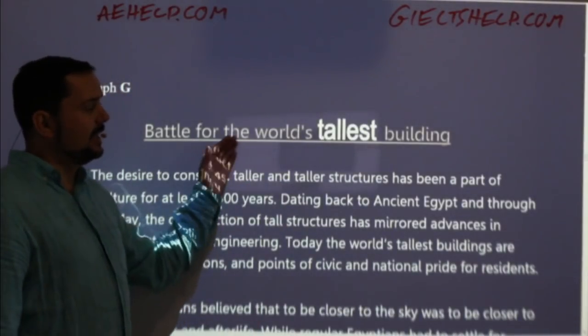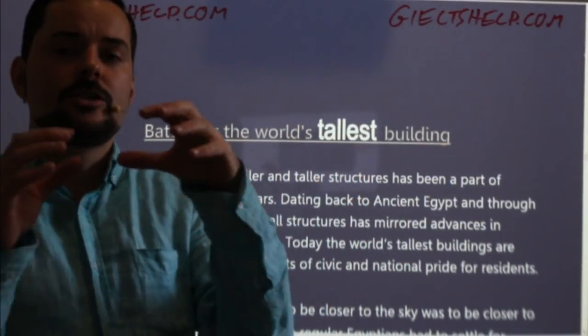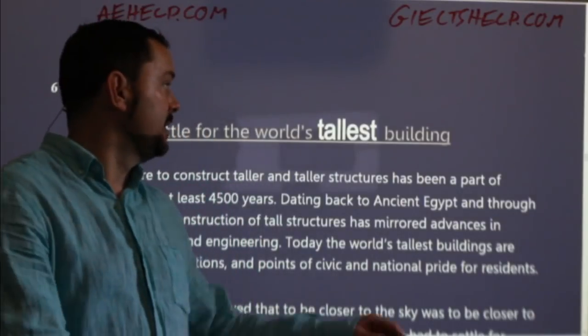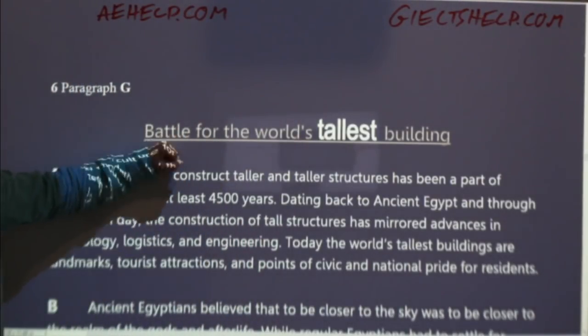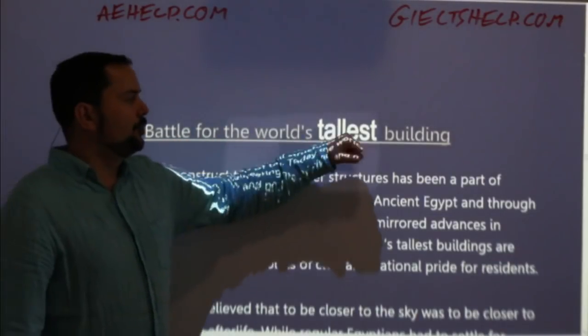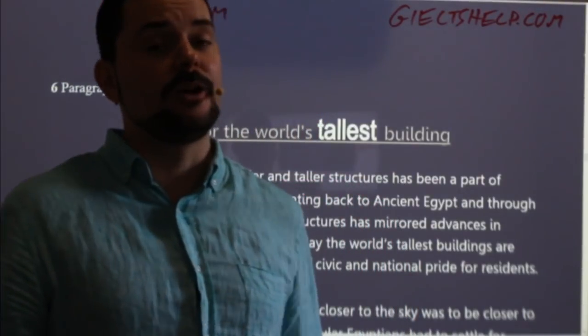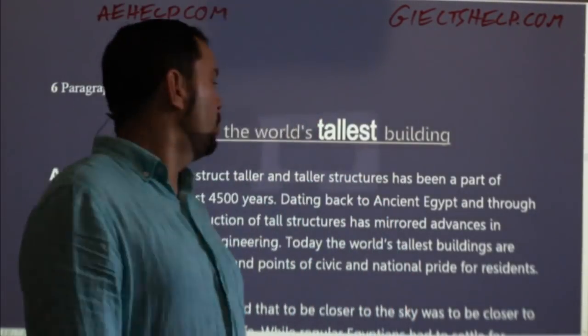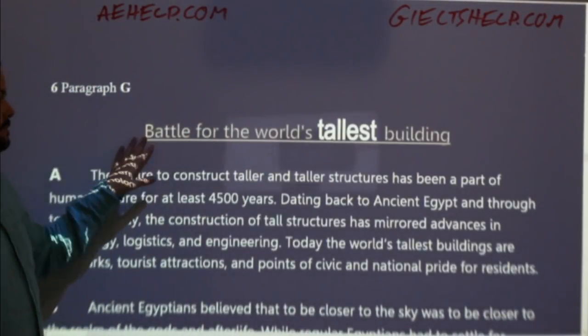The title is a very accurate, short summary of what you're going to read. So you should absolutely target that and read it first, okay? So first things first, battle for the world's tallest building. Okay, good. So now you should be thinking, what do you think battle here means? So what does battle for the world's tallest building mean?